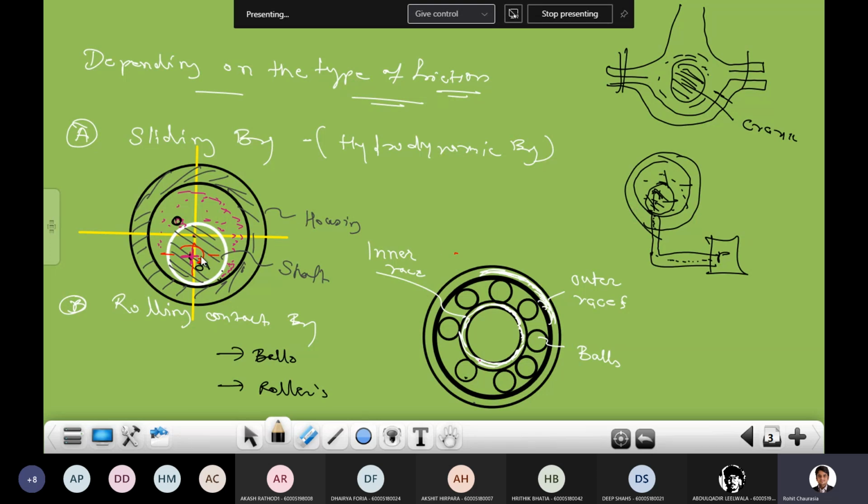When our system starts rotating, we'll get dynamic forces, and those dynamic forces help to shift this journal, to shift the shaft. This shaft is also called the journal, so it helps to shift the journal and shaft to the origin.